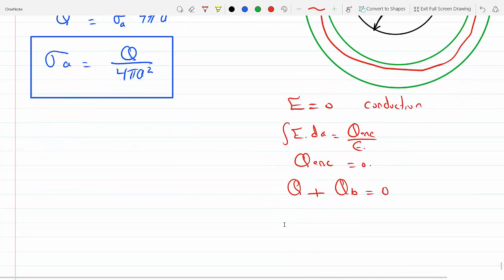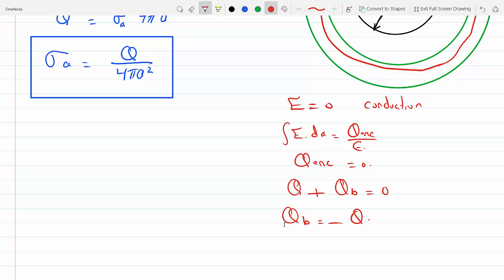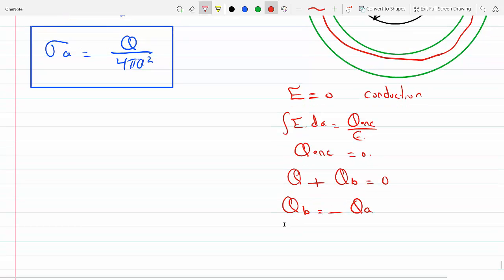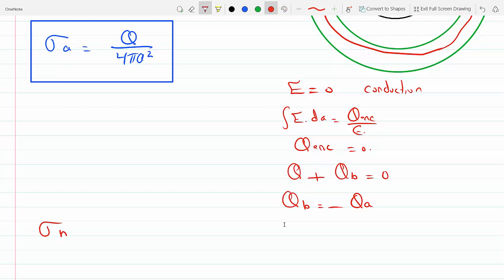Yeah, we called it B. So that means QB has to equal minus QA, which makes sigma B minus QA over the area of that sphere.